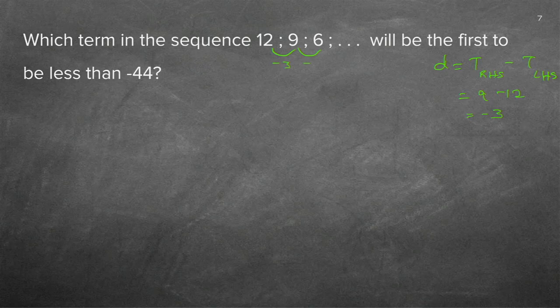Let's check this one. 6 minus 9 is minus 3. The minute I see the D is repeating, then I know I've got my common difference. And then I know this is my D, my common difference. Good. Now I must do my formula. Remember, always write down your formula: Dn plus C. So I got the formula.